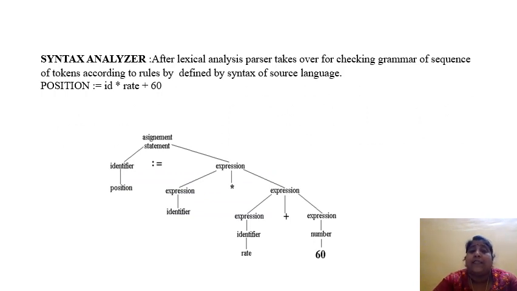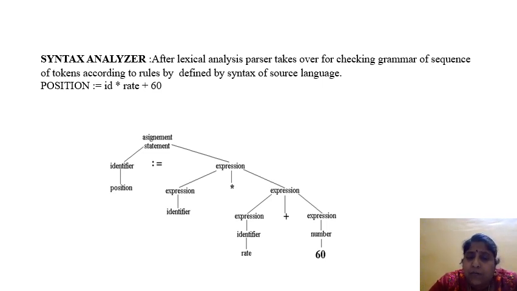The next comes the syntax analyzer. Syntax analyzer means after lexical analysis, the parser takes over for checking the grammar of the sequence of tokens according to the rules defined by the syntax of the programming language or the source language. So in this phase, in the syntax analyzer, it is converted into a parse tree.